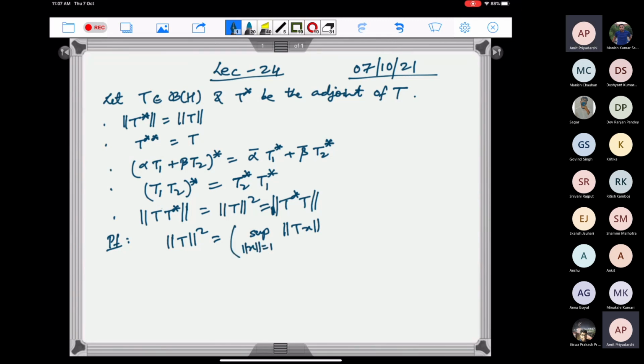So we have this square, which is the same as the supremum of norm Tx square, and norm Tx square is equal to the inner product of Tx with Tx.